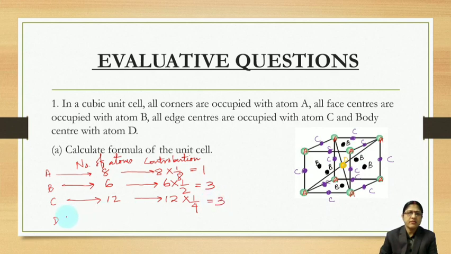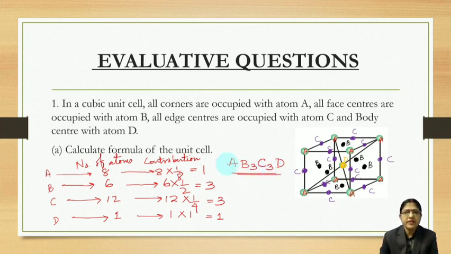It is 3. Then D, body center, that is present here, center of body 1, and their contribution is 1. So formula of the unit cell will be A 1, B 3, C 3, then D 1. Right? In this way we calculate formula of the unit cell.